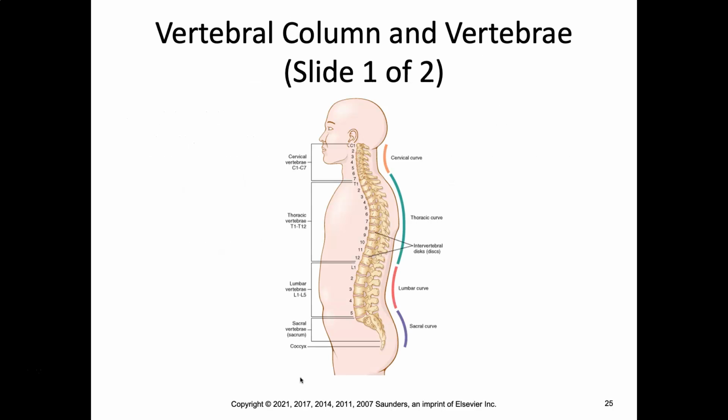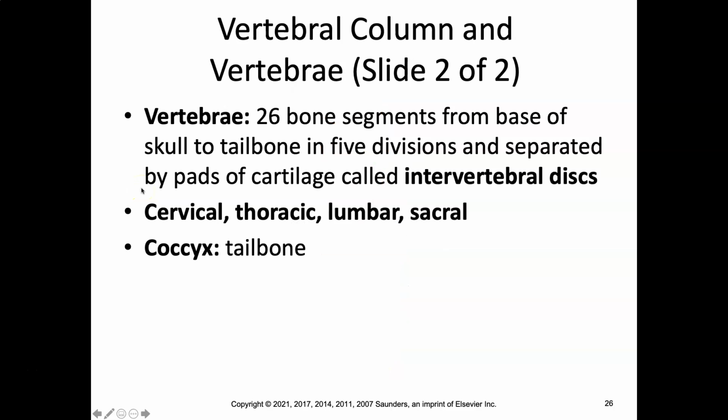So this is a really good one to study to make sure that you know. And then your bone segments are separated by pads made up of cartilage, and those pads of cartilage are called intervertebral discs. Intervertebral discs. So you have those in those regions.